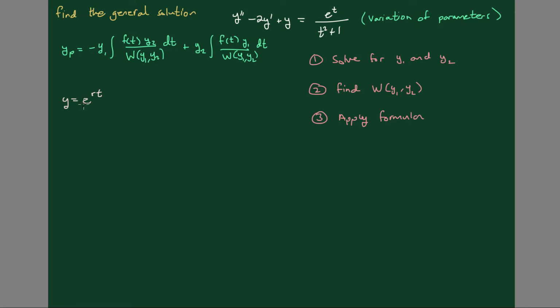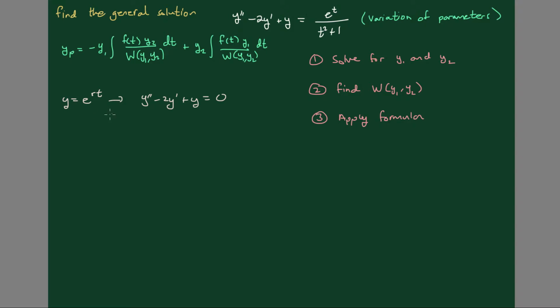We are going to insert this solution into the homogeneous version of this differential equation, y double prime minus 2y prime plus y equals 0.